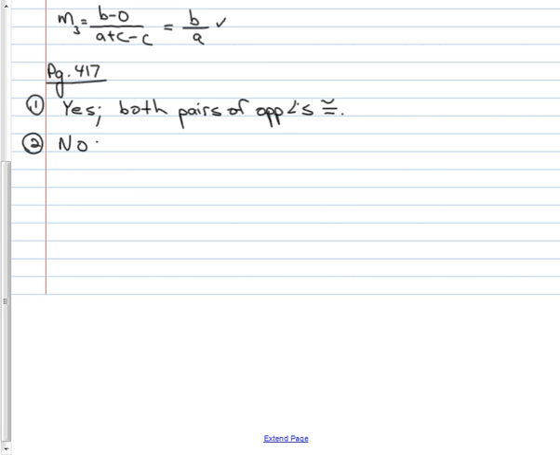No. The diagonals do not bisect each other. How do you know that? Because we have a 5.1 and a 4.9, that diagonal has not been bisected.